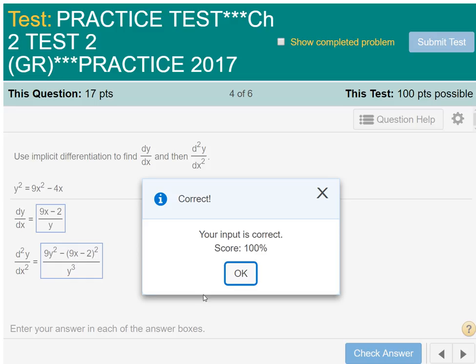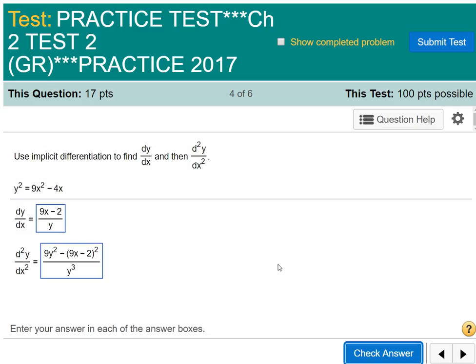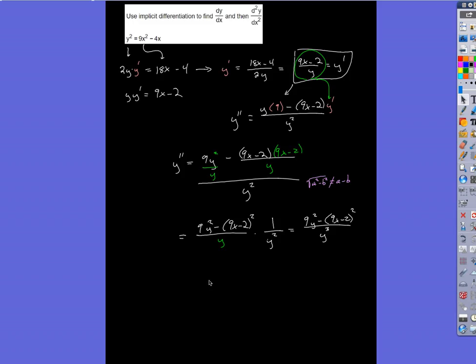Wait, two questions. How would it have changed if you had just gone with y prime equals 9 times 2 and differentiated from there? If we had done this thing over here? It wouldn't have changed anything, it would have been exactly the same answer. On the left side you'd get a product rule, so you get y double prime plus y prime times y prime.